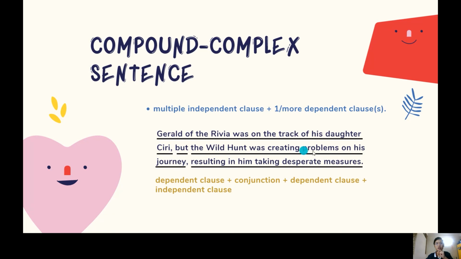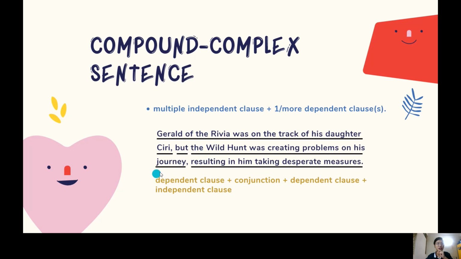The wild hunt was creating problems on his journey. Now, remember, this one seems very familiar, doesn't it? This is our compound sentence. So you see, right here there's a dependent clause, but the conjunction, remember, is a very important identification in compound sentences. The wild hunt was creating problems on his journey.